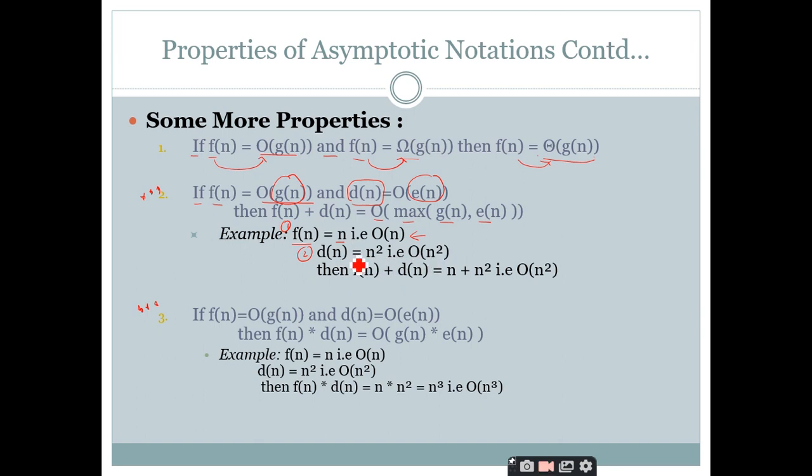That means I am expressing this d of n in big O of n square, right? N square is nothing but e of n. Am I right or not? Yes, sir. And this n is nothing but g of n.